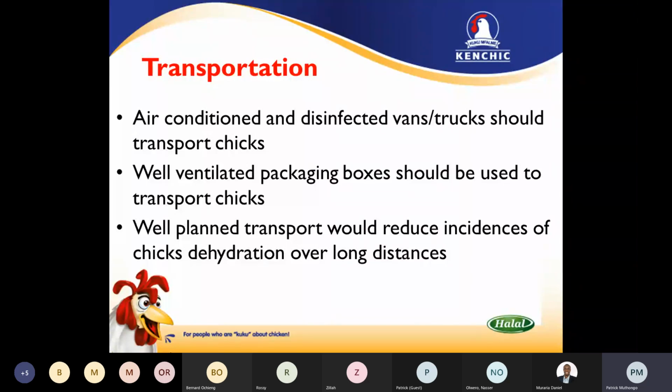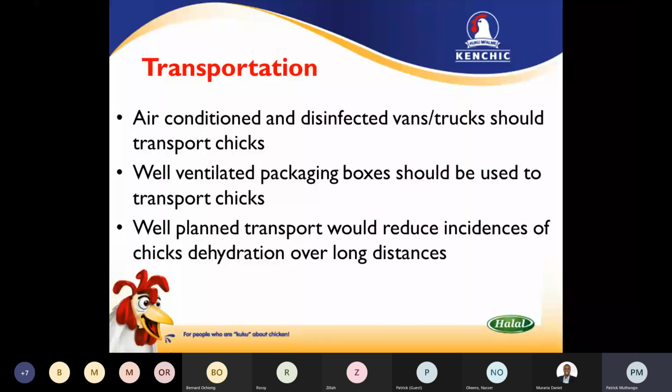The vehicles are disinfected to avoid transmission of microorganisms or disease causing germs to your birds. The packaging boxes are also well ventilated. You also find the boxes have paper cuttings, at least to improve comfort for the bird ule wakati ambao yako waiting to arrive at your farm, basically during transport.